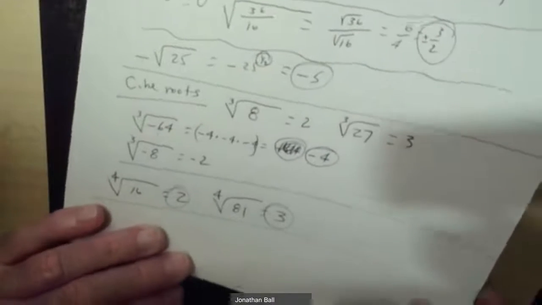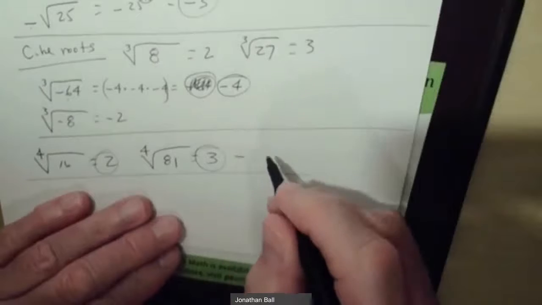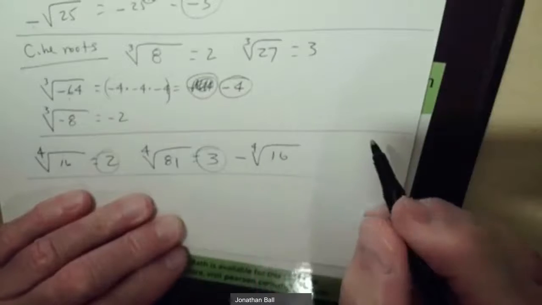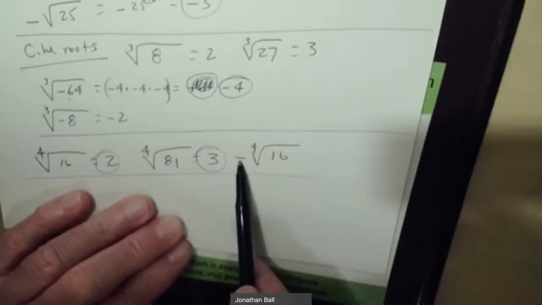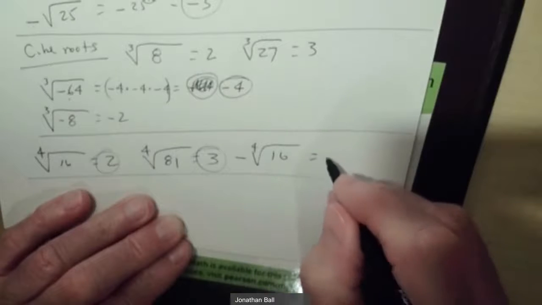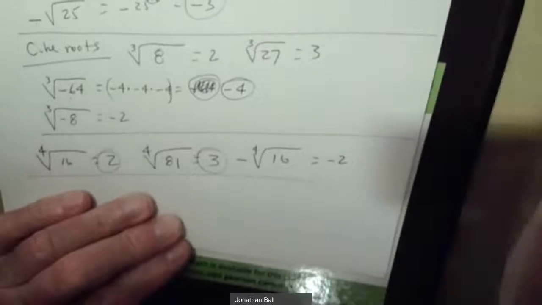And if you have minus the 4th root of 16, now remember, what is this saying? It's saying to subtract this. And that is negative 2, I think. Yes.